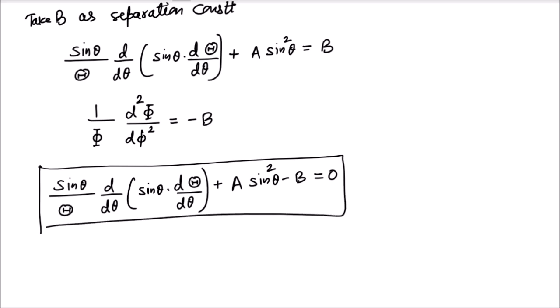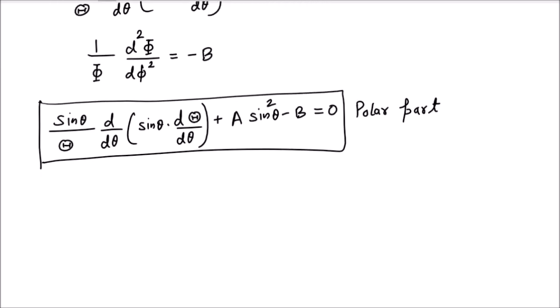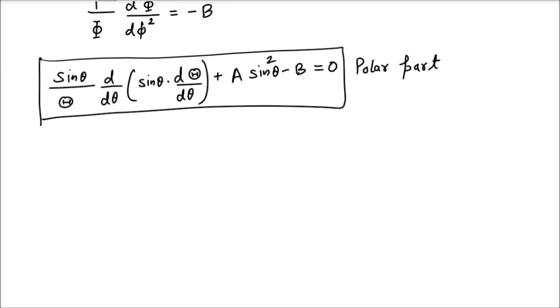The equation that depends on theta only is called the polar part of the equation. And the second is the azimuth part, that is 1 upon function of phi, this plus b is equal to 0.